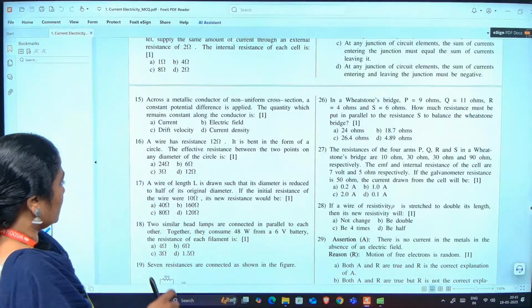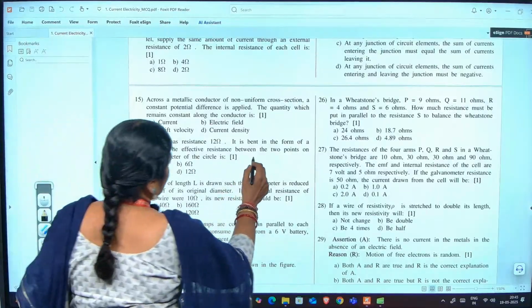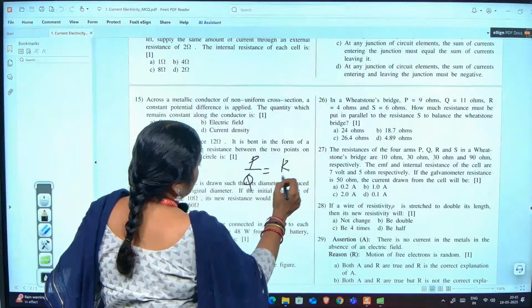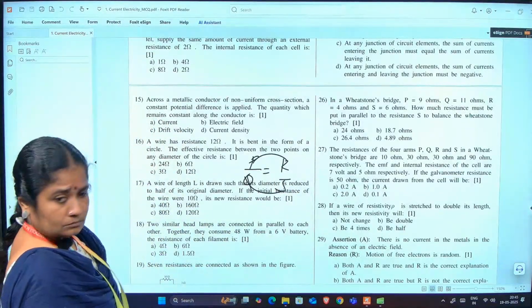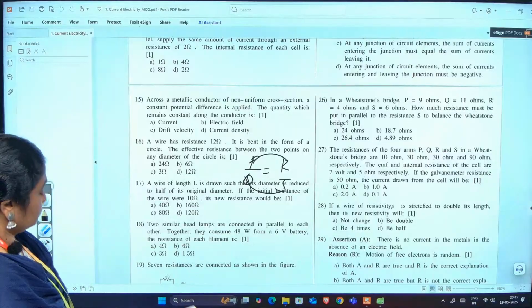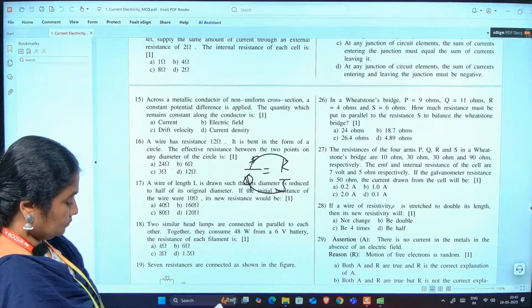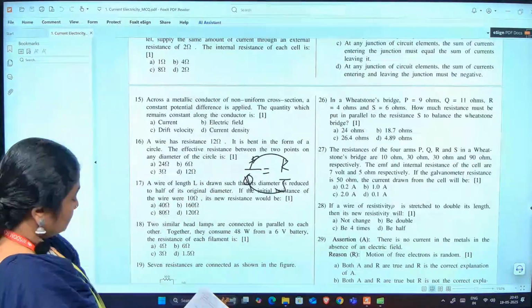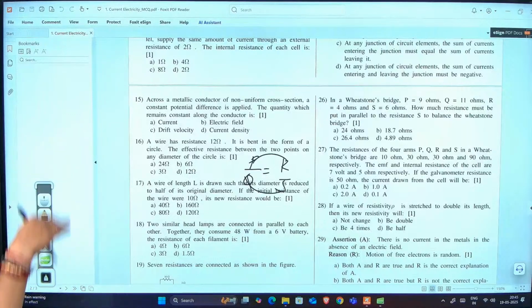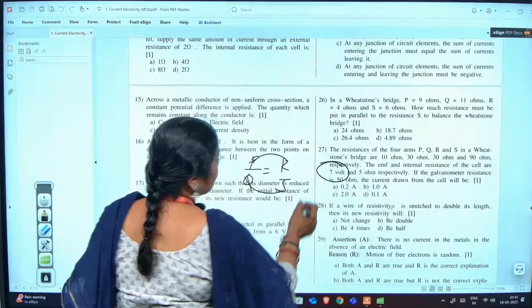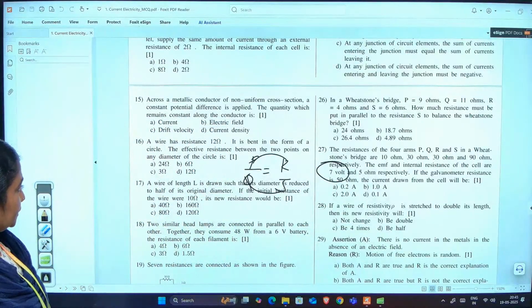P by Q is equal to R by S. P and Q in series, R and S in series. 10 and 30 will be in series, 30 and 90 will be in series. Then those two are in parallel with each other. Work out, find out the total resistance. Does 30 come? 30. So the total potential, the EMF supplied, is 7. 7 divided by 30 will give the current.